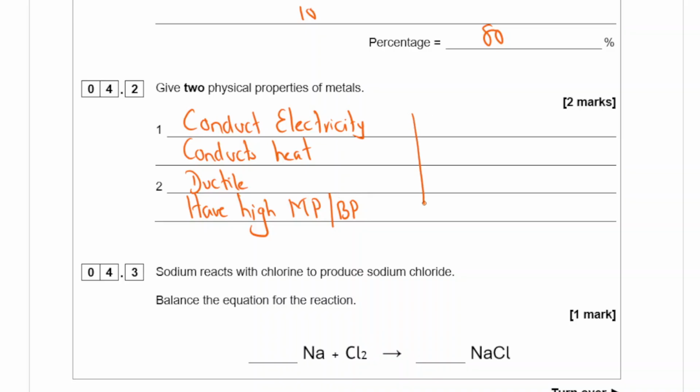You could also list some additional properties. Are malleable, meaning that they can be hammered into shapes. Are shiny.